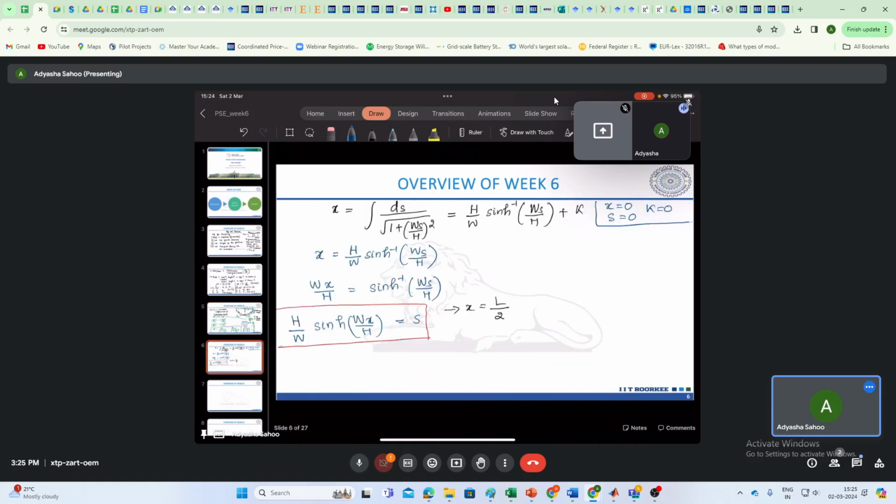So if we substitute that here, your s will be l by 2. So basically you get l by 2 equals H by W sine h of WL by 2H, or l is 2H by W sine hyperbolic WL by 2H.